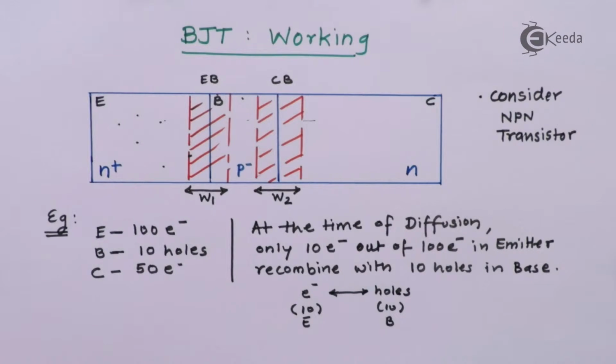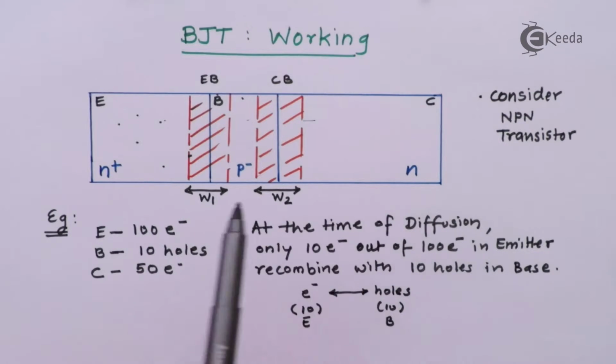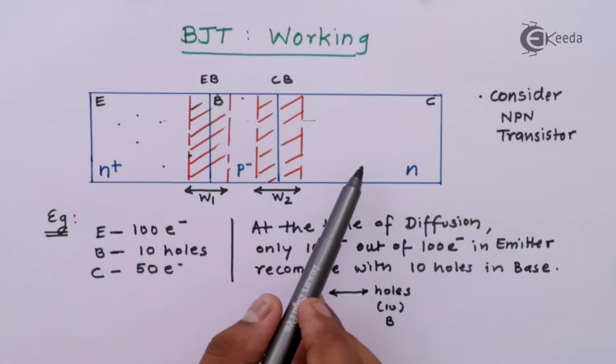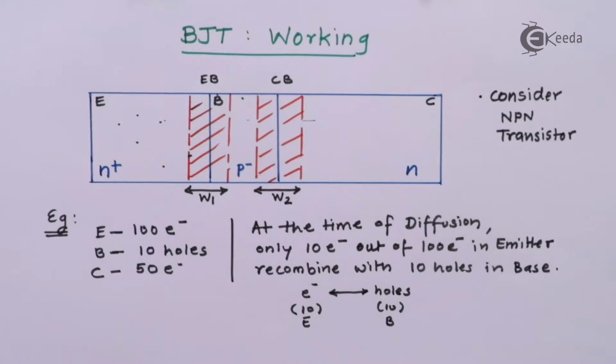That's why the collector region is moderately doped, so that only 50 electrons are available, but the space required for 100 electrons is also available at the collector side, so that all the electrons moving from the emitter side towards the collector side can be accommodated in the collector region. So this is the general working of the BJT.